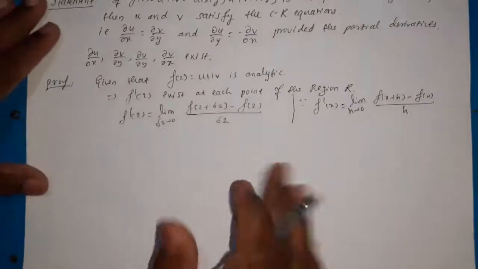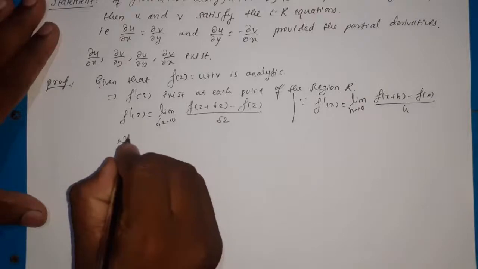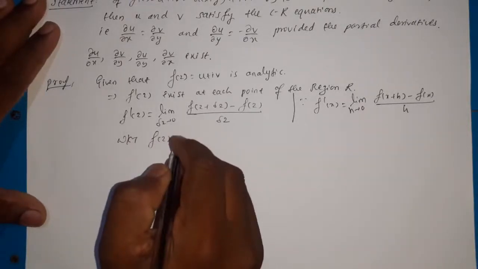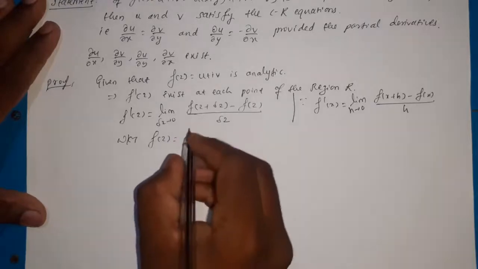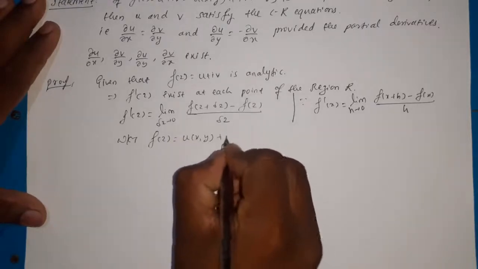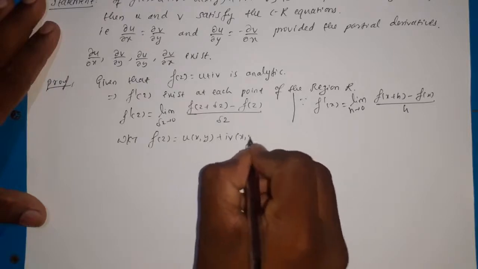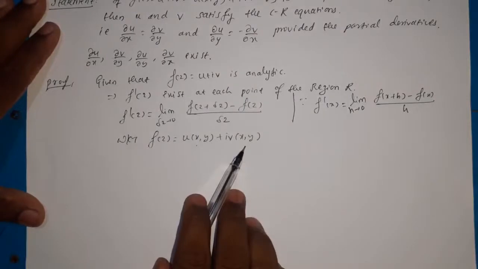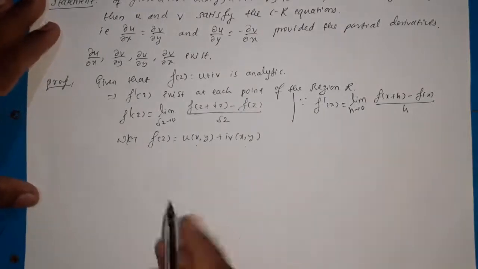And now we know that f of z is equal to u of x comma y plus i into v of x comma y, means u and v both are the functions of x and y.